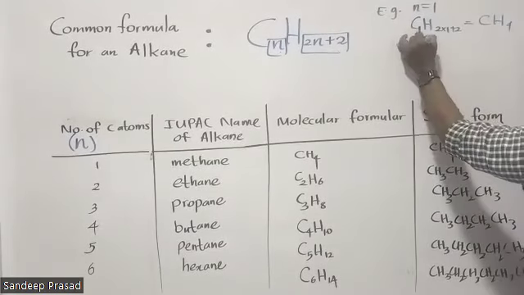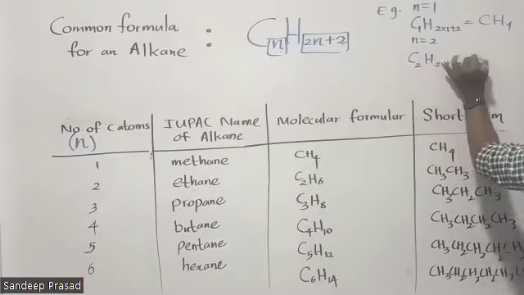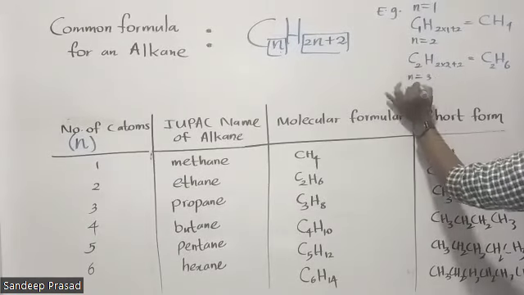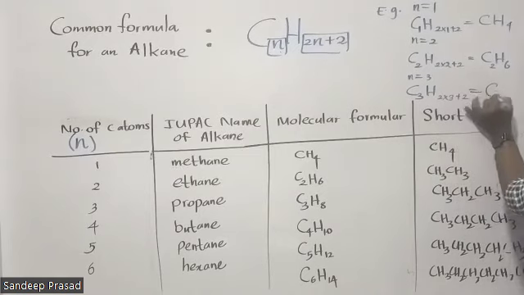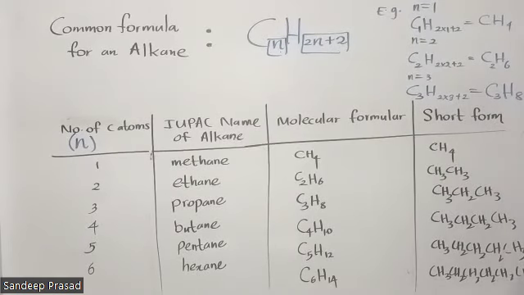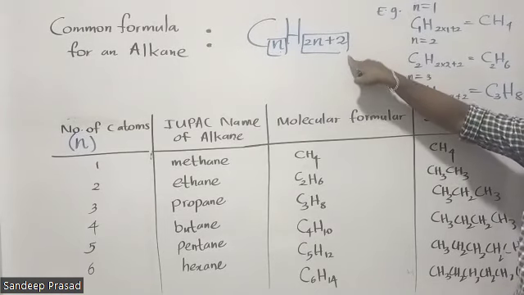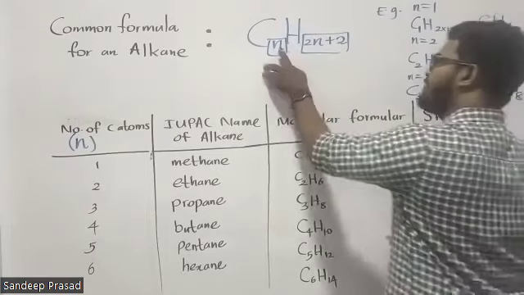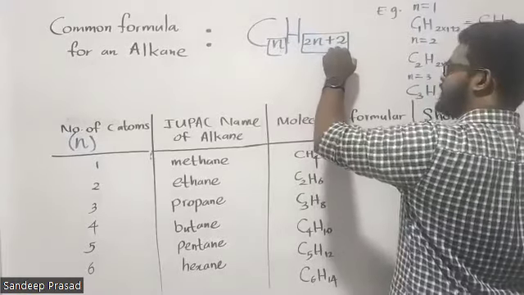Next, n equals 2: C2, H2 into 2 plus 2, C2H6. n equals 3: C3, H2 into 3 plus 2, C3H8. Then we can suggest a common formula for alkane, which is CnH2n+2. If the number of carbon atoms is n, the number of hydrogen atoms should be 2n plus 2.